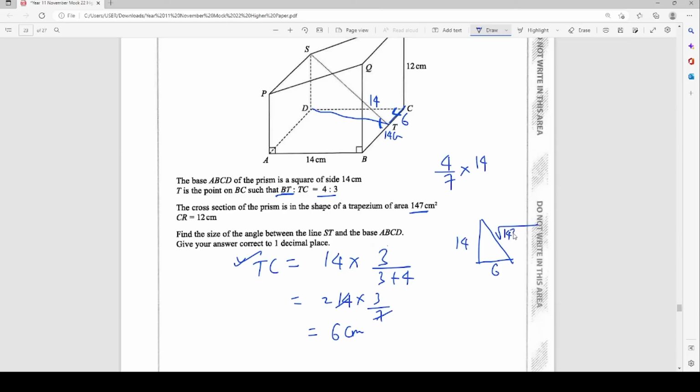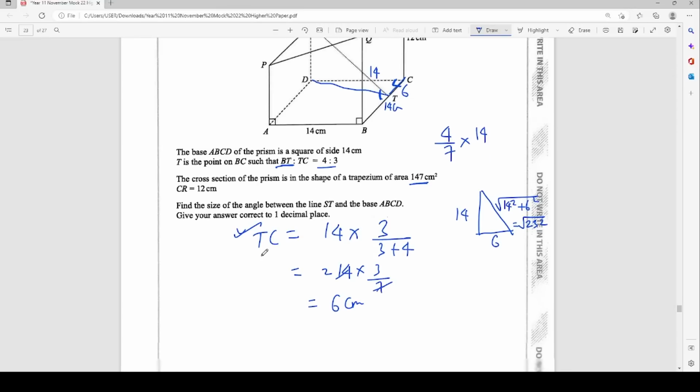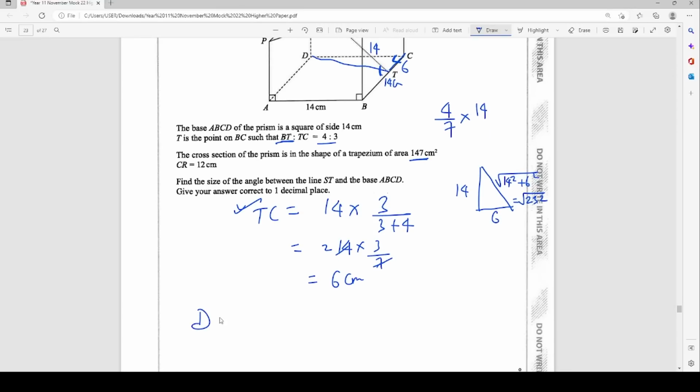I can write 14 squared plus 6 squared, which is 232, the square root of 232. So DT is equal to the square root of 14 squared plus 6 squared, which is root 232.